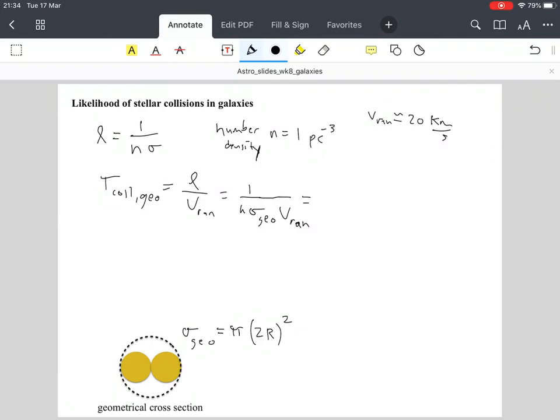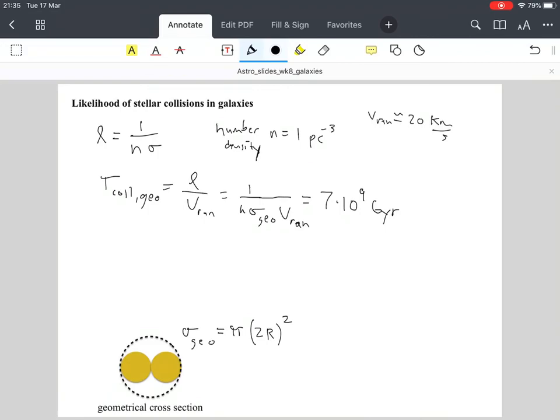So if you plug in all of these values, including the typical radius of a star, you get a pretty large time. So this is on the order of 10 to the 15 years. Whereas the age of the galaxy, we were saying, was something like 10 billion years.